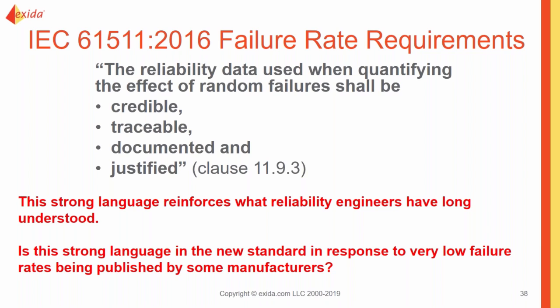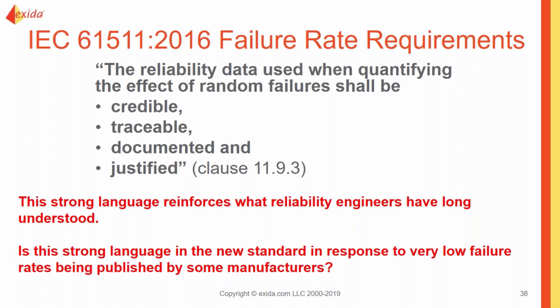If you're using reliability data, it needs to be credible, traceable, documented, and justified. And in both versions of the new standards, in 61508, the 2010 version of the standard, and 61511, the 2016 version of the standard, they both up the language in this section.